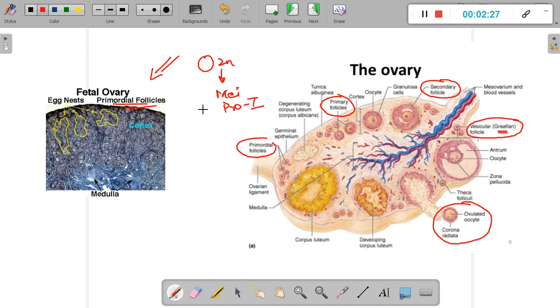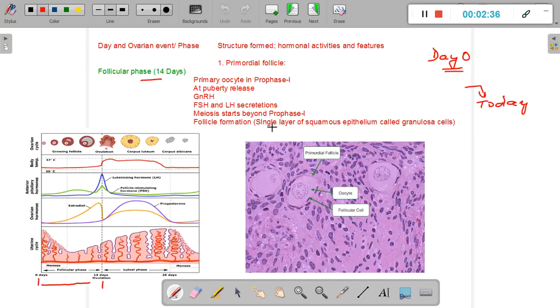Because they've been frozen at prophase 1, they are still diploid and still 4C, right? I hope you remember the condition of a primordial follicle. Now at day 0, here we've got the primary oocyte.